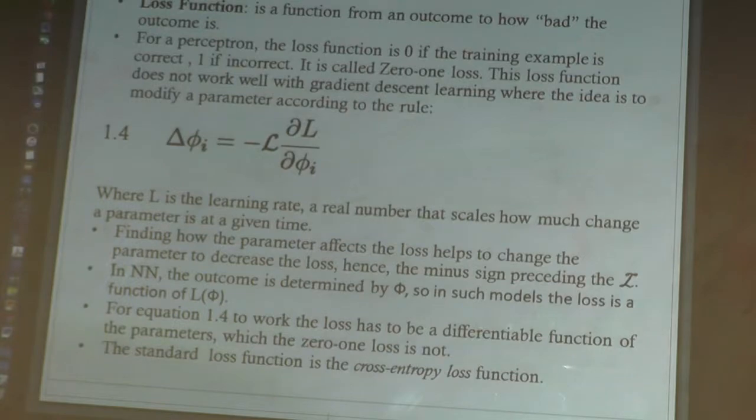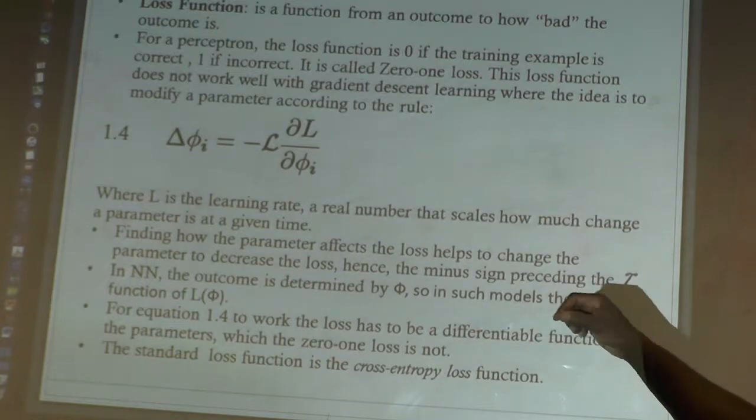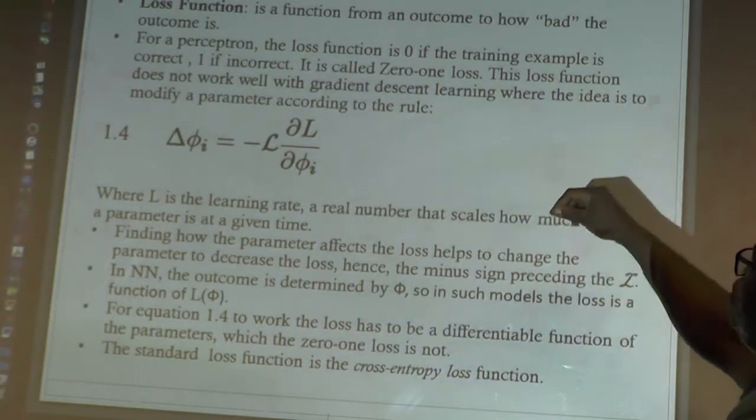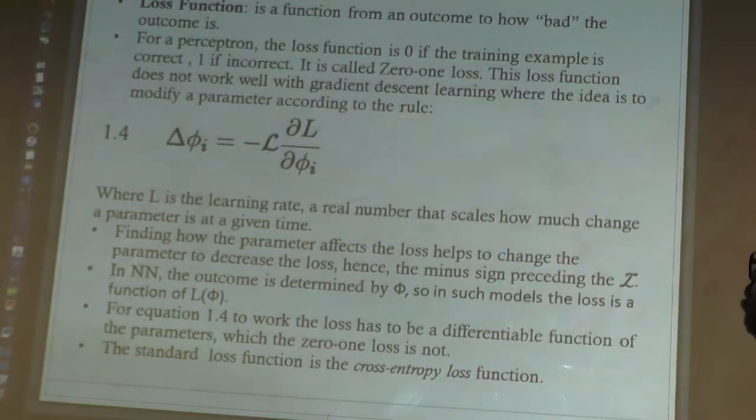And it's how far you can reduce that error. The less the error, the less is how bad, the better the fit. So a loss function is just a measure of how bad the outcome is.